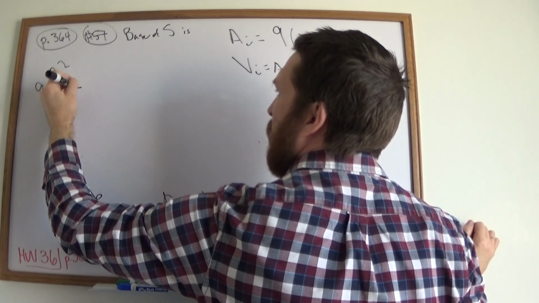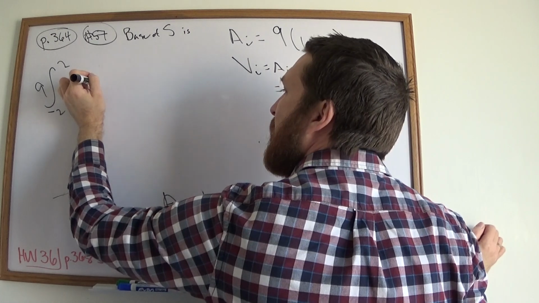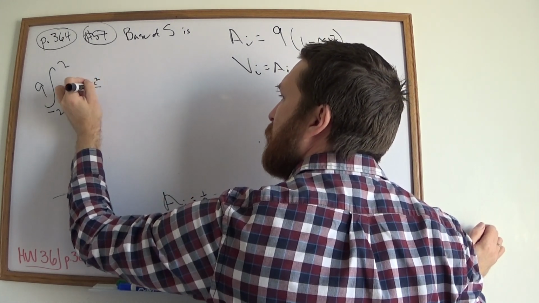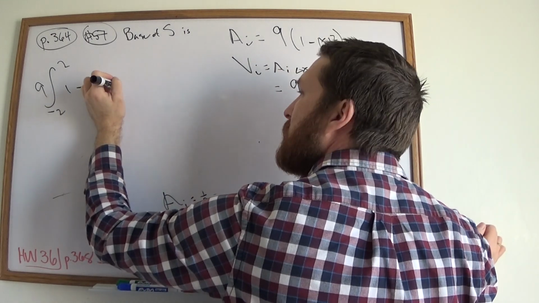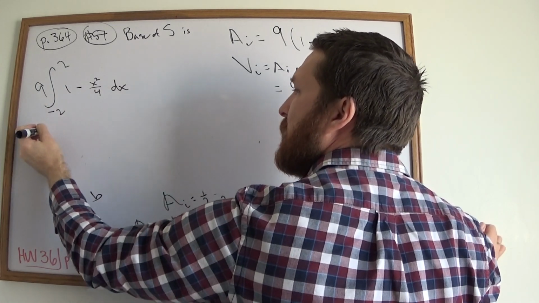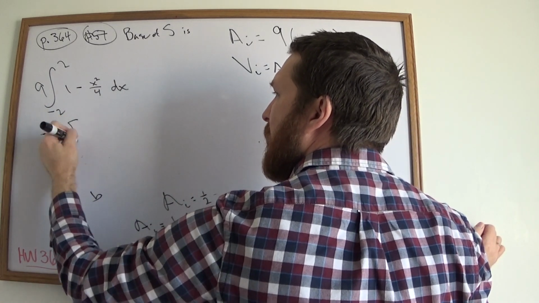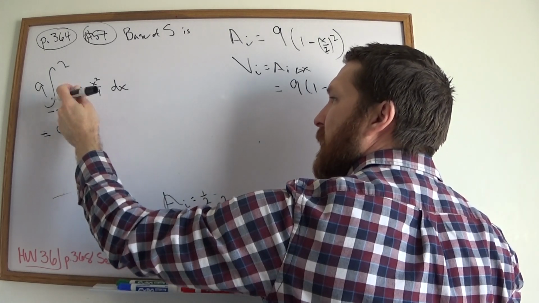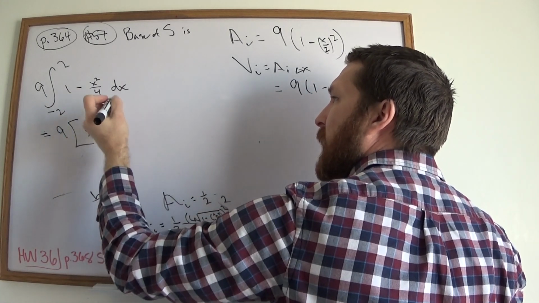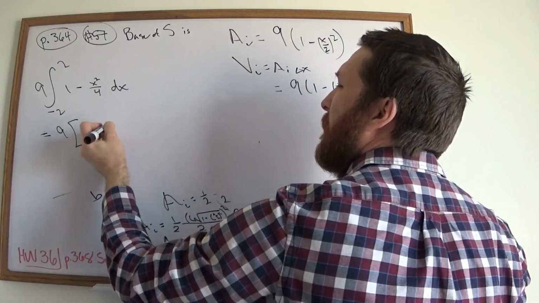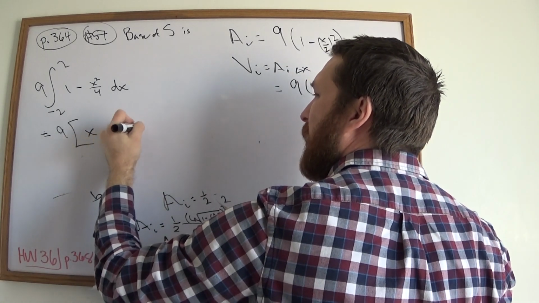Pull out the number. 1 minus x over 2 squared is the same thing as 1 minus x squared over 4, dx, which gives us 9 times the antiderivative of this. X minus 1/12 x cubed.